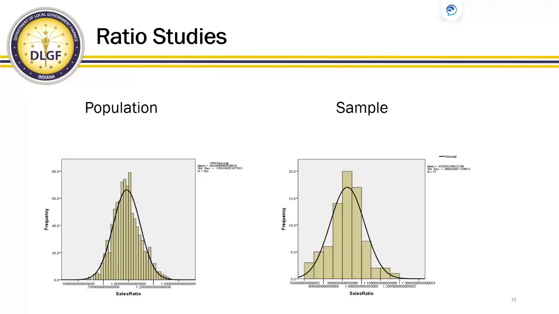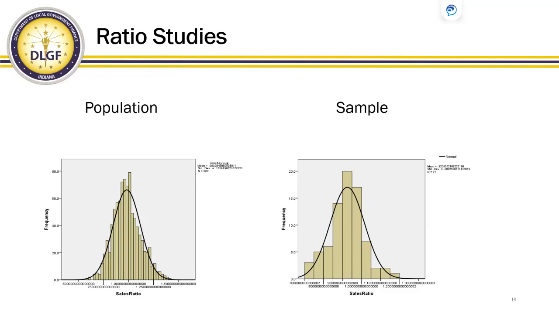By definition, for a sample to be representative, the ratio distribution of the sample is as close as possible to the ratio distribution of the population, which you see here. These are two graphs called histograms, and I won't go into too much detail about what they are, other than the fact that these are visual representations of distribution.